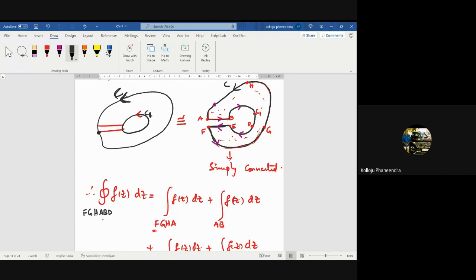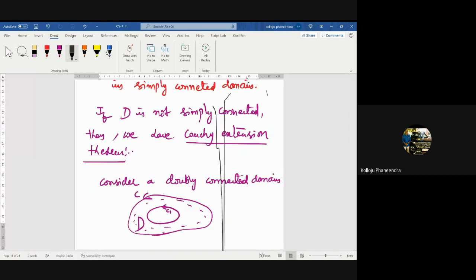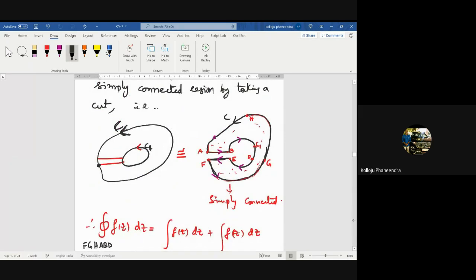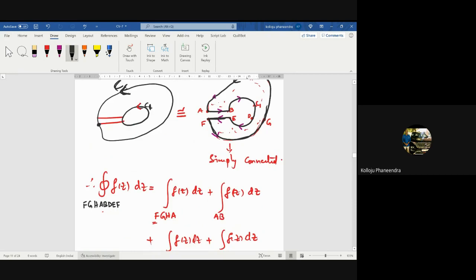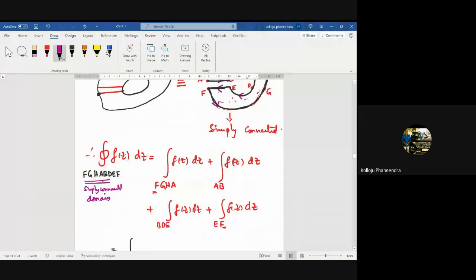F, G, next H, next A, B, next B, D, E, next one was F. Okay. What is this domain now? This is a simply connected domain. And this domain can be written like this, splitting into parts.